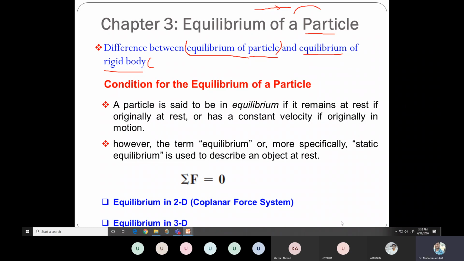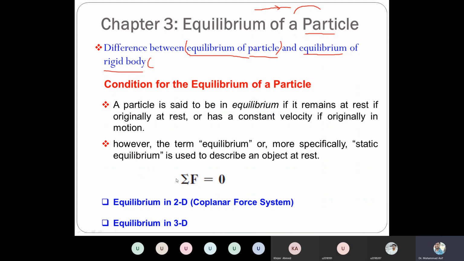Now the system of forces can be analyzed in two dimensions. Two dimensions means we say coplanar forces, whereas the other way is equilibrium in three dimensions. If we consider all three dimensions of a body, it's up to us.